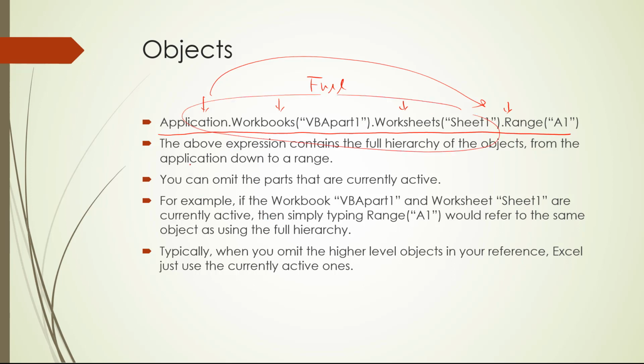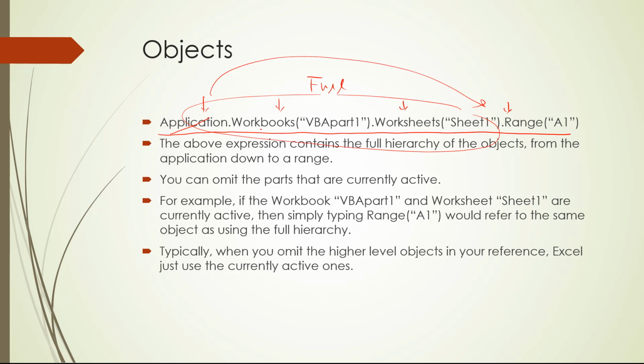For example, you can omit application and start with workbooks. That's typically fine, and that's what we normally do. Normally, we do not include this application level when we refer to cells. There are cases where this is necessary, but when you refer to a cell, application is typically not necessary.